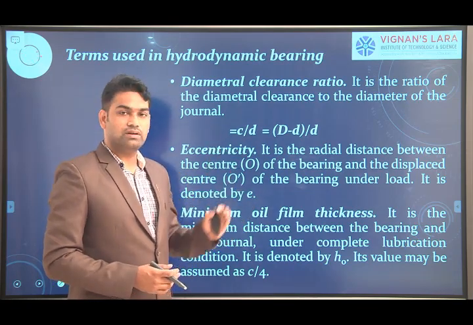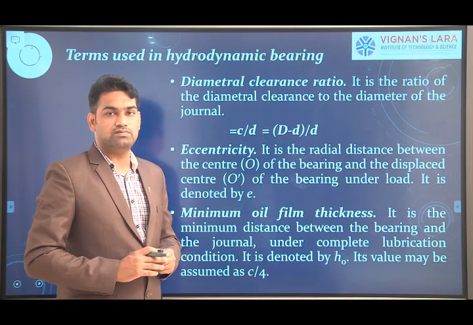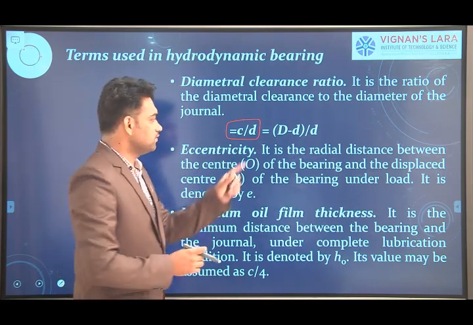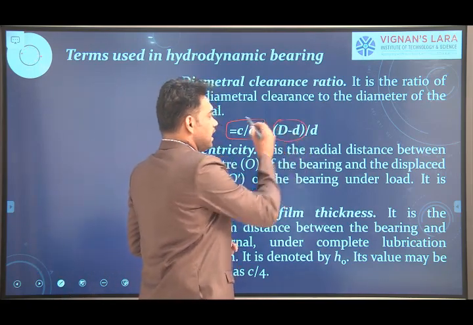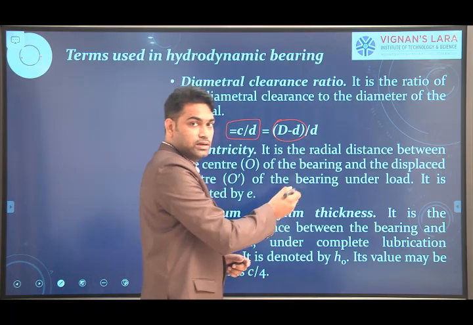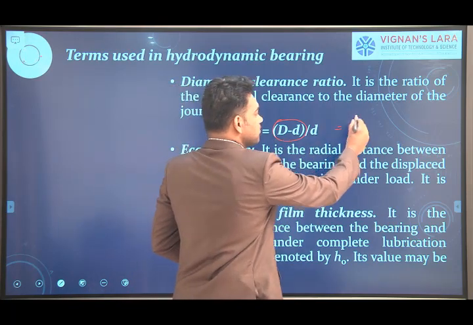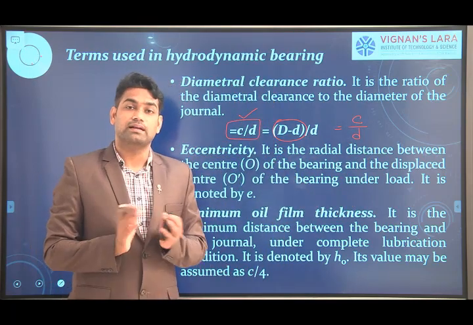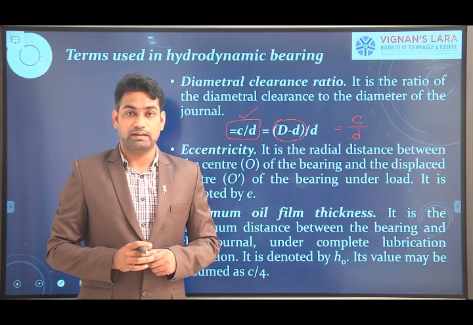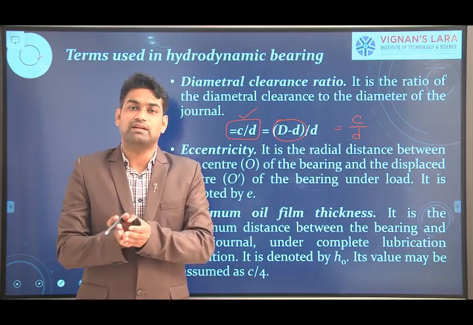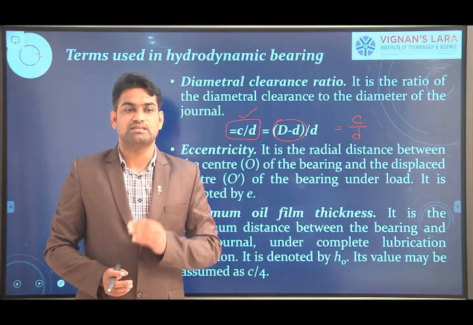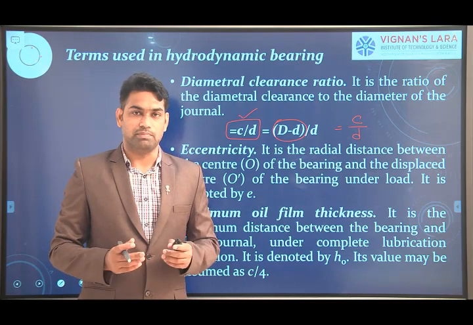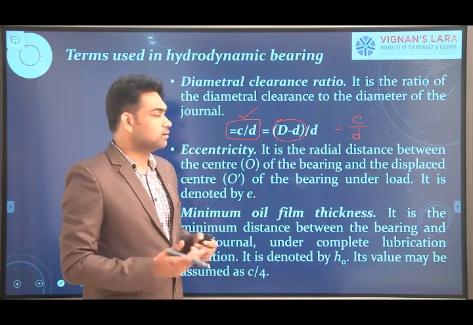It is a ratio given by the diametral clearance to the diameter of journal, that is, capital D minus small d, divided by capital D. That is C by D. So we need to take the diametral clearance ratio, that is a ratio of diametral clearance to the diameter of the journal, C by D. Based upon that we need to take various bearing pressures and bearing applications in the design procedure.